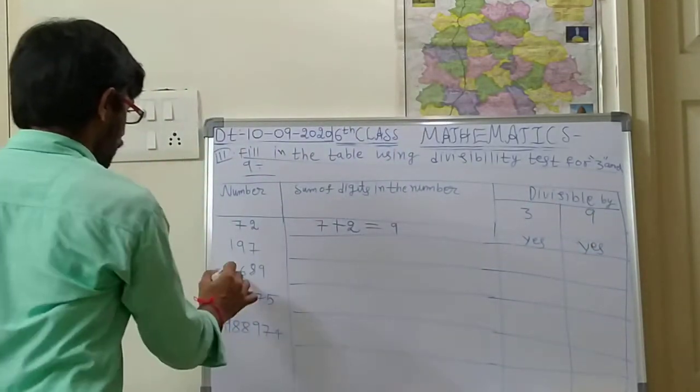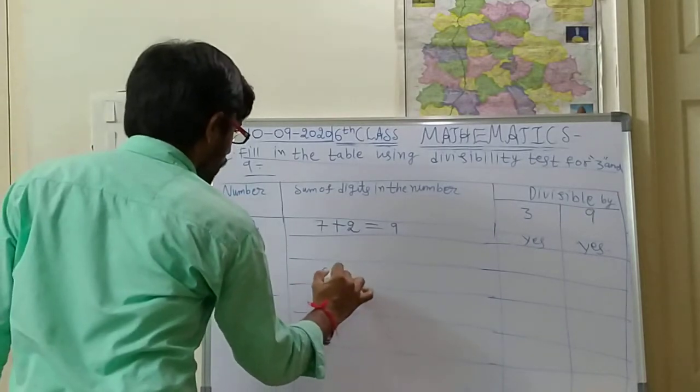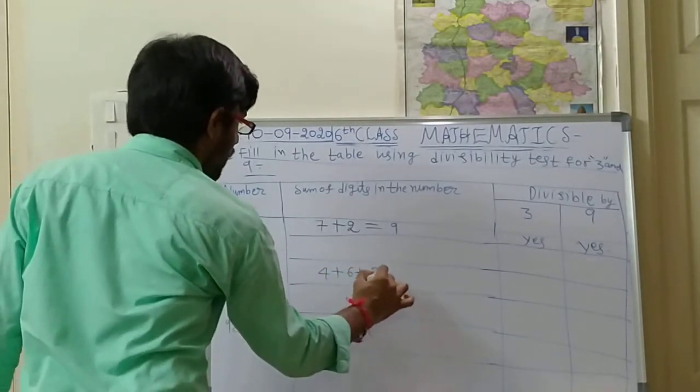Next, the third one I am saying. 4, 6, 8, 9. 4 plus 6 plus 8 plus 9.